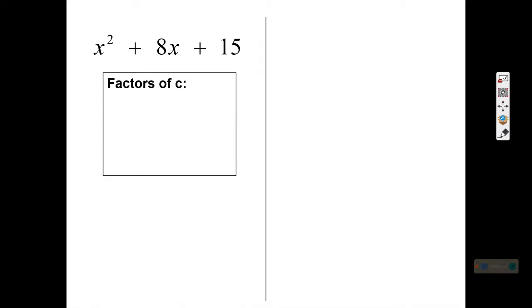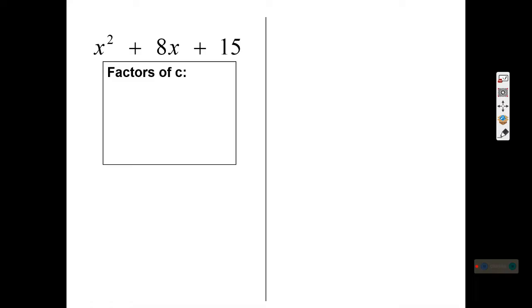Next, let us have this. x squared plus 8x plus 15. You are going to list the factors of c, which is 15. So you will have here 3 times 5 and 1 times 15. And then, you are going to circle the factors of c with the sum of b.